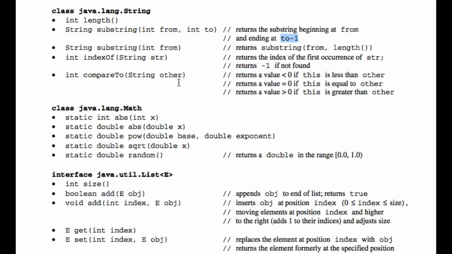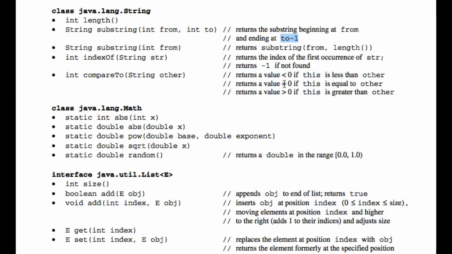Finally, compareTo, right? The way to think of compareTo is like you're doing subtraction: this object minus the other object. If that gives a negative value, less than 0, it means that this, the thing on the left of the minus sign, is less than the other.